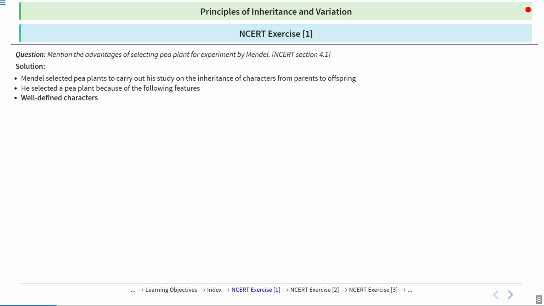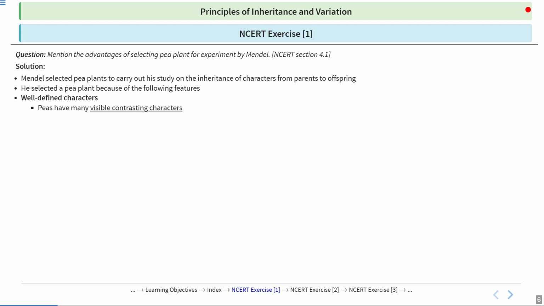First one is well-defined characters. Mendel selected contrasting characters. What do you mean by contrasting characters? If you take height as a character, the plants were either tall or they were dwarf. This is known as contrasting characters. There is no intermediate phenotype here.